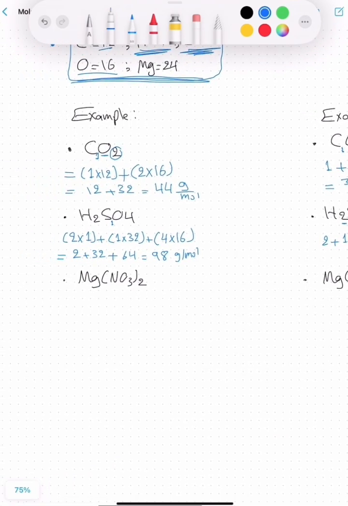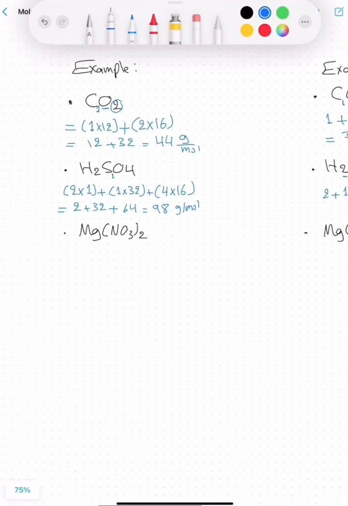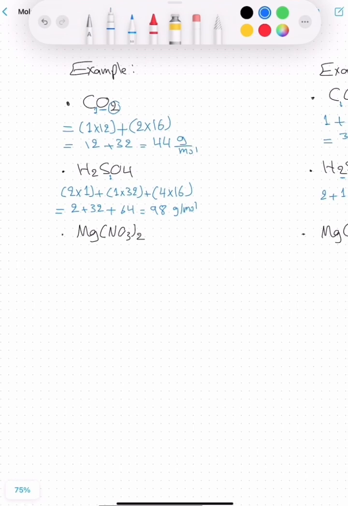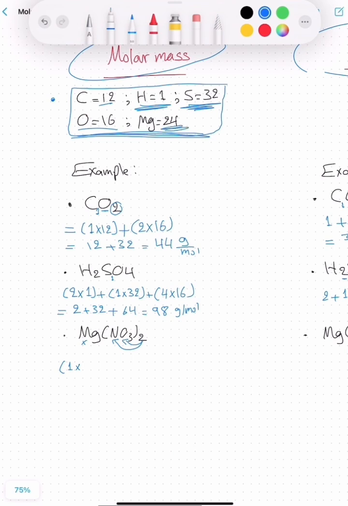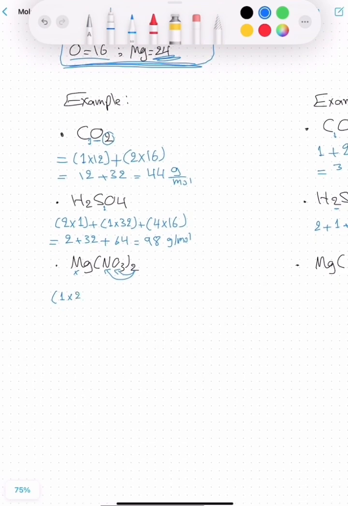Another example, the last example, we have Mg(NO3)2. Look, we have brackets. What does this mean? It means that this 2 belongs to oxygen and nitrogen, but not magnesium. So we only have 1 magnesium. So 1 times, how much is magnesium? 24. Plus, look, here 2 times 1, 2.